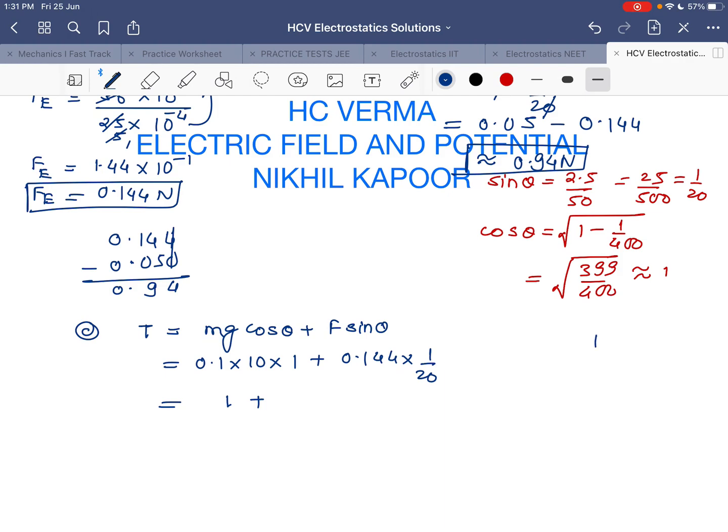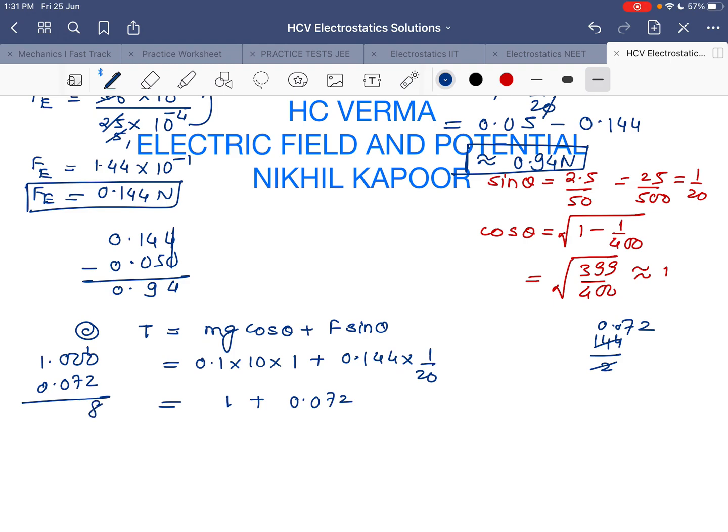So this comes out to be 1 plus 0.144 divided by 20. We know that 144 divided by 2 comes out to be 72, but there is already a decimal point, one more decimal point is there. So it will be 0.072. Now let's subtract. 1.00 minus 0.072.